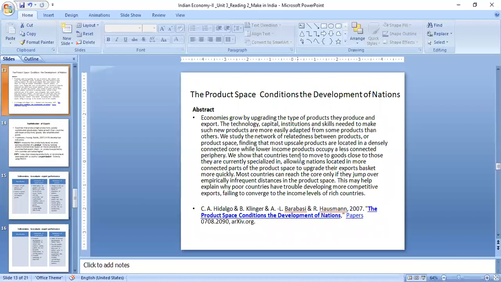So countries tend to move to goods which are close to what they are currently specialized in. Most countries can reach the core only if they jump over infrequent distances in the product space. So this may help us understand why poor countries have trouble developing more competitive exports, because it requires jumping like a monkey from one tree to another, which is quite far away and therefore difficult.